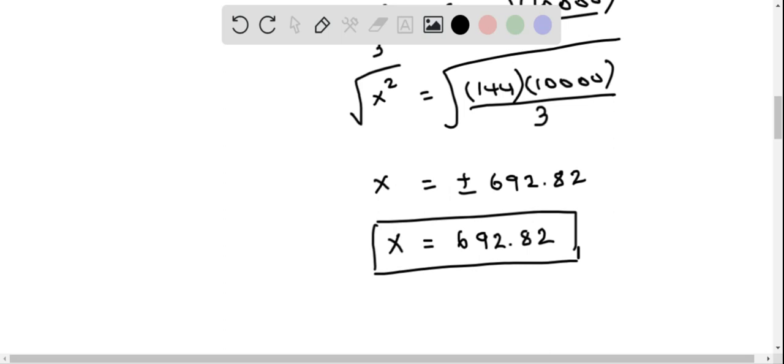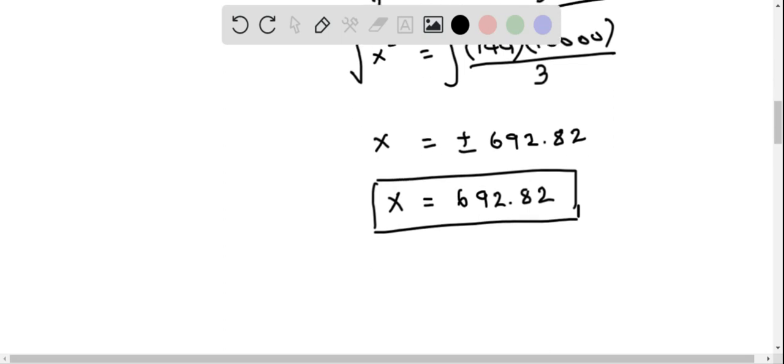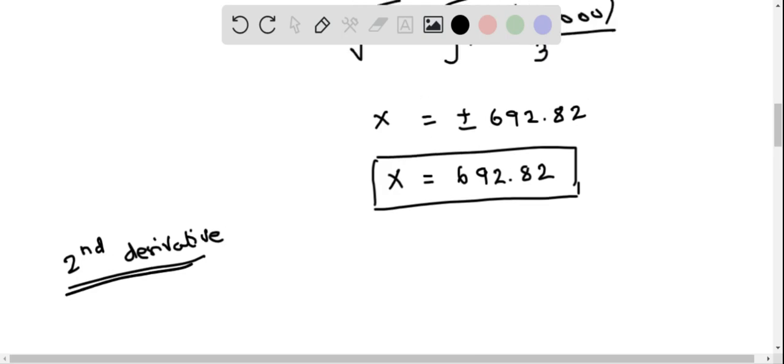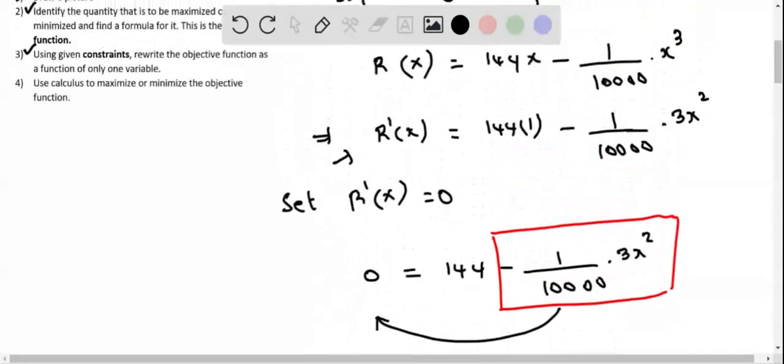Now using this critical point, we have to verify that at this point the revenue is maximum. So for that we have to use the second derivative of the objective function. That is, we have to find the R double prime of x. So first let me copy the R prime of x.